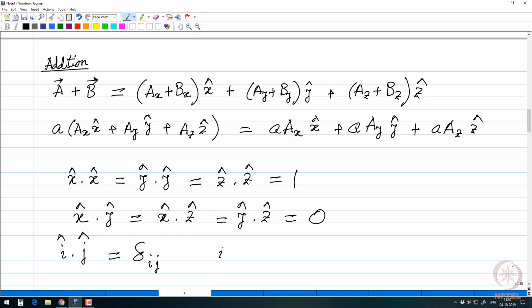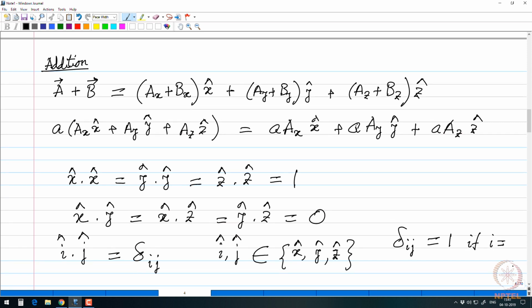So, we can write i, j belongs to the set x, y, z, and the Kronecker delta function is defined as 1 if i equals j, and 0 if i not equals j. That is the definition of Kronecker delta.